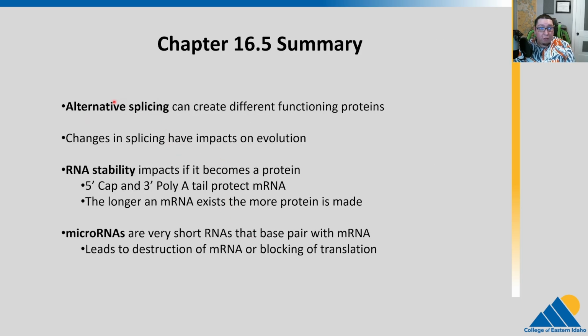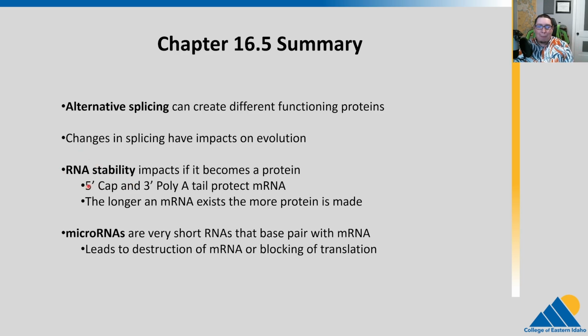Okay, so alternative splicing is one mechanism of post-transcriptional regulation. We can create different functioning proteins here. Changes in the splicing have impacted development and evolution. I showed you a couple different examples. RNA stability impacts if an mRNA becomes a protein or not.